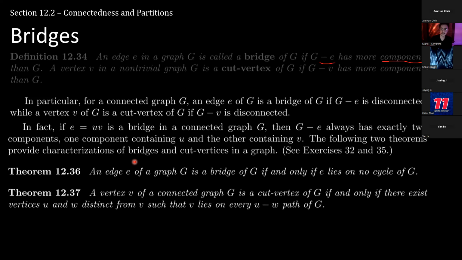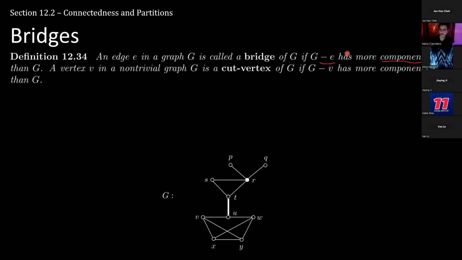A vertex V of a connected graph G is a cut vertex of G if and only if there exist vertices U and W distinct from V such that V lies on every UW path of G. What this is saying is that for something to be a cut vertex, it needs to be a mediator between other vertices, on every path connecting vertices in different components. So if this is in one of the components I would get from cutting R, and this is in a different component I would get from cutting R, then every path that connects these two must go through R. Because if it wasn't true, I would have another path that doesn't pass through R that connects them.